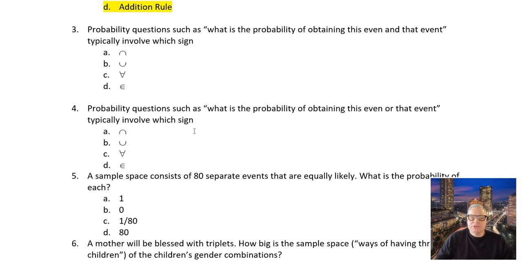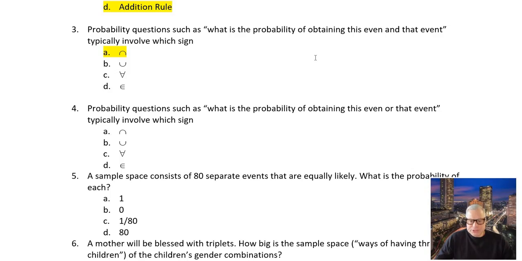Probability questions such as what's the probability of obtaining this event and that event typically involve which sign? It's this one here, which looks like a flipped over U, but it technically means intersection.